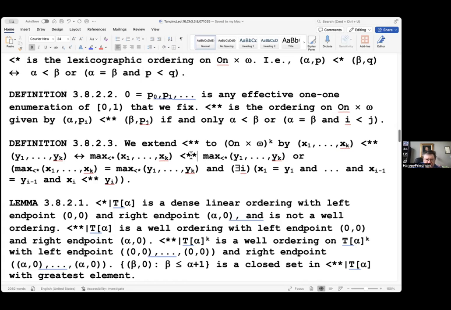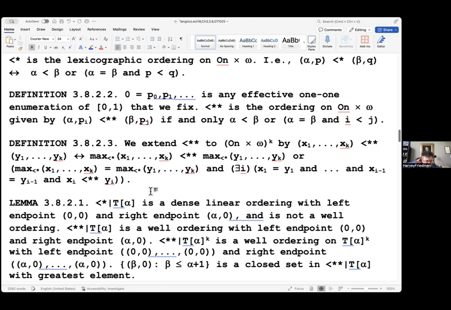That was a mistake. It's less than double star max, or the maxes are the same and it is lexicographically lower according to double star. So less than double star is the only important thing in one dimension. It's lifted to k dimensional, so to speak.